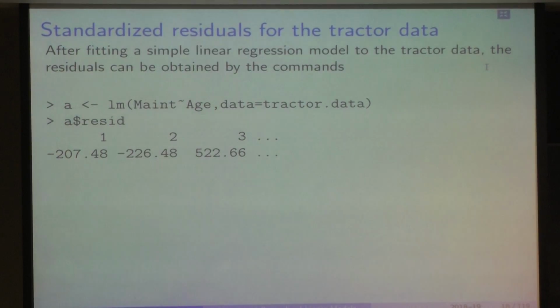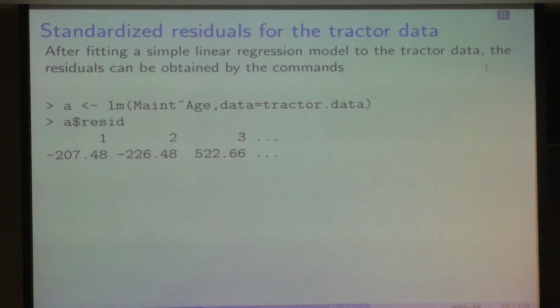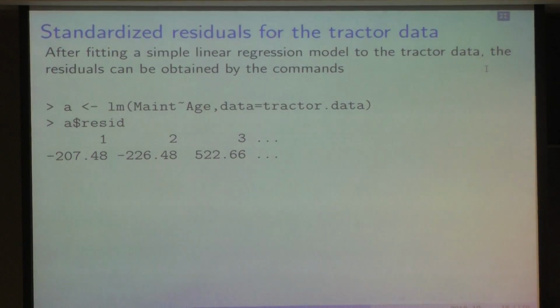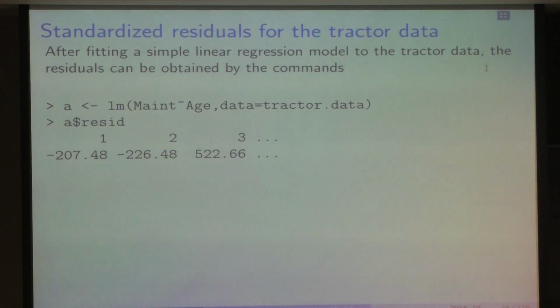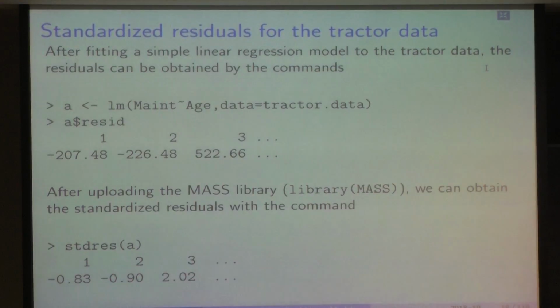So we can extract the residuals by, so A again is the name we've given to the R fit of the linear model. So A$resid gives the residuals for that fitted model. Obviously there are 17 of them. I'm not going to show all of them, but these are the first 3 that you will see in the R output if you do that. Okay, so those are the residuals.